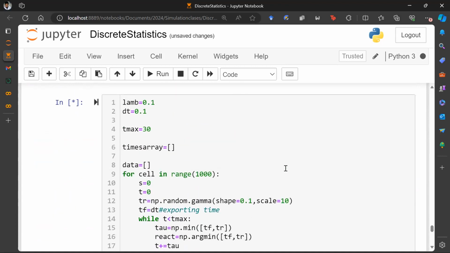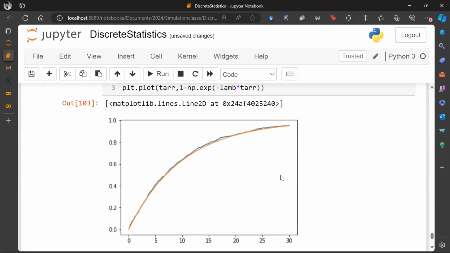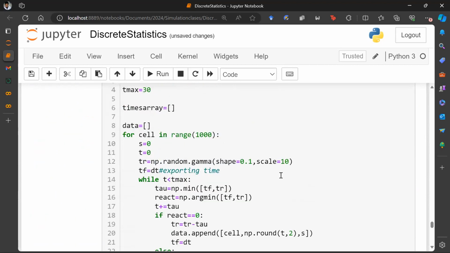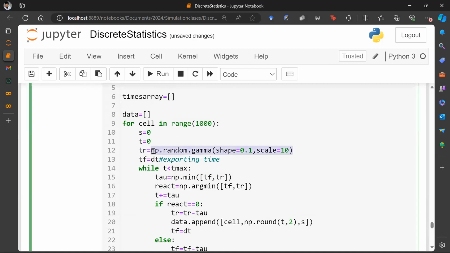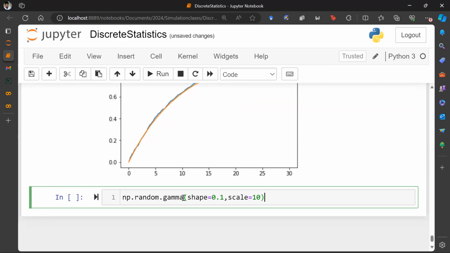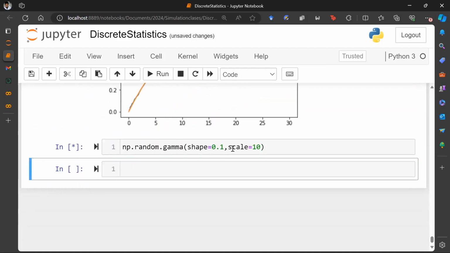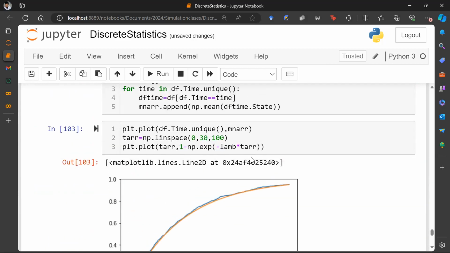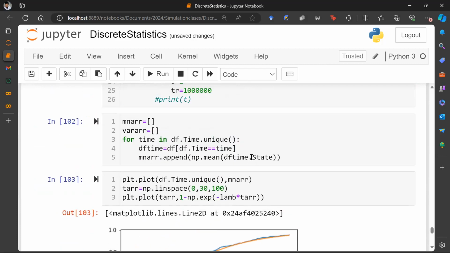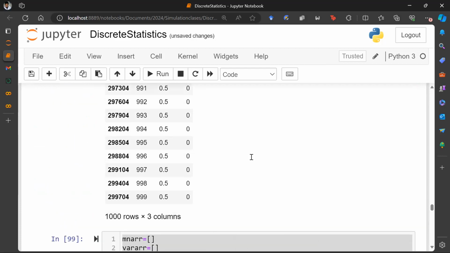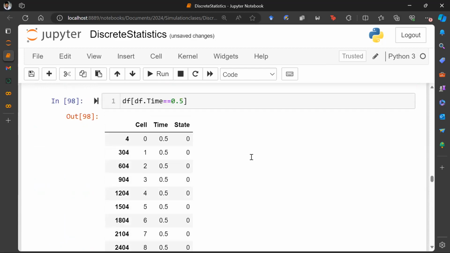Okay, so this idea, or this kind of process or algorithm, is going to be the basis of all the simulations. That's why it takes this much time. Sorry, I didn't save this as a data frame.